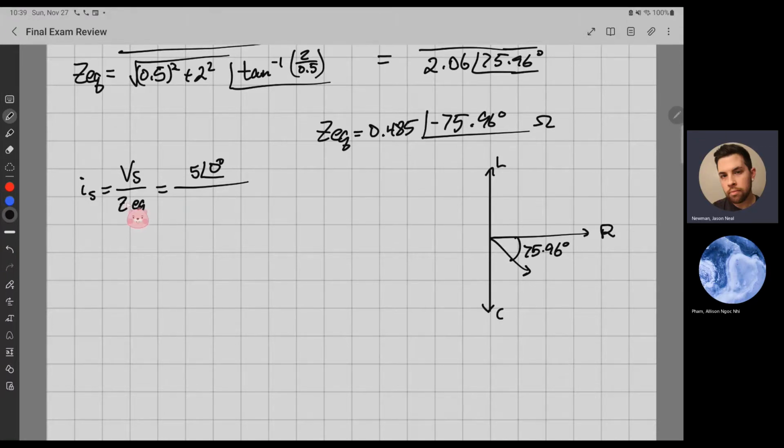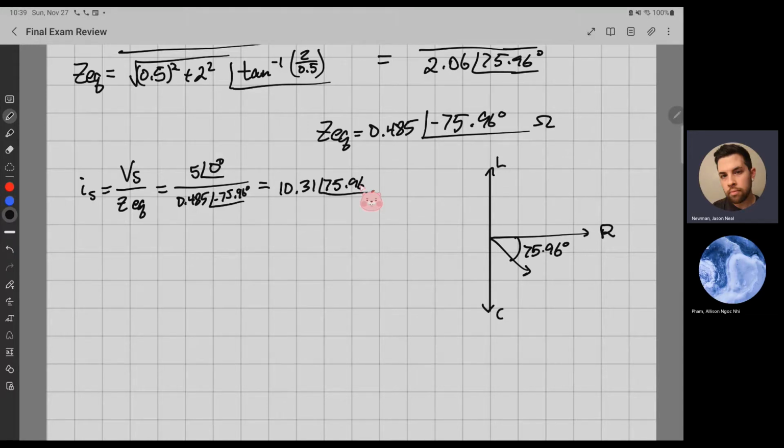Sorry, Z equivalent, not R equivalent. 0.485, negative 75.96. Can't draw today. And then when you calculate this, it is going to be 10.31, 75.96.